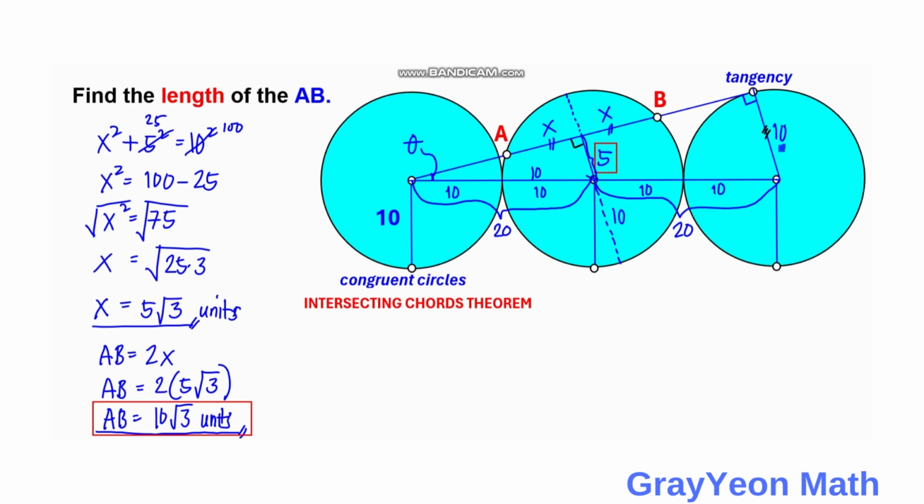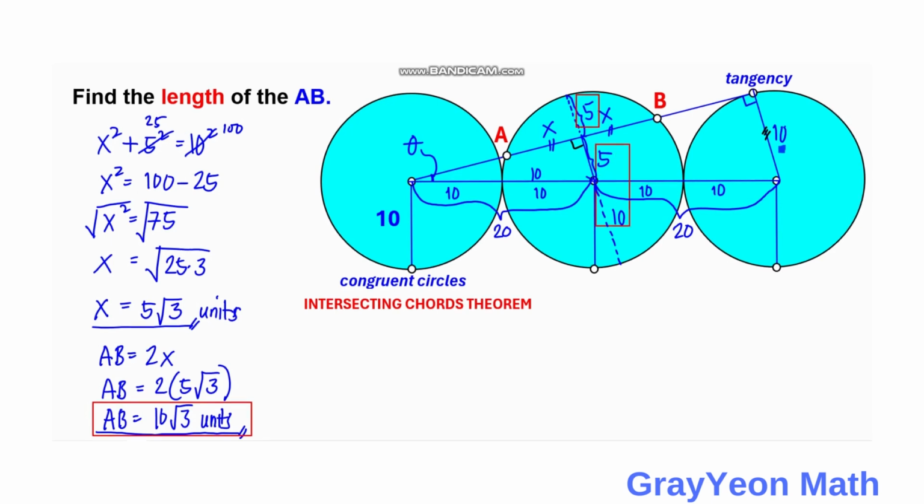And since this is 5 from the center of the circle, this should also be 5. For the intersecting chords theorem, we take note of where they intersect, and the segments that we need to multiply to each other.